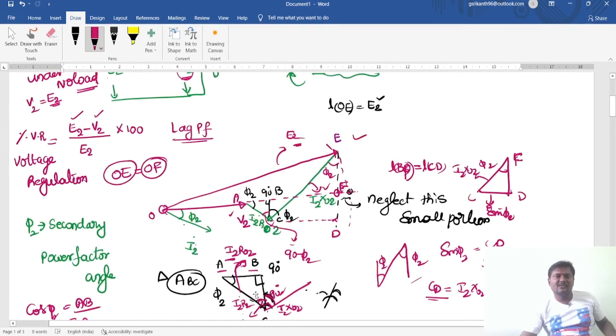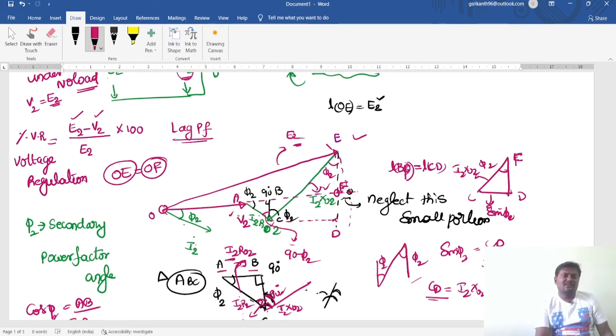Once again listen, this phasor diagram is very very important. I am taking the reference as OA line, that is V2. With respect to V2, I2 is lagging for a lagging power factor of the load, and I2 R02 component is parallel to I2. I2 X02 component is perpendicular to I2 R02, and I add this one, then I am getting the E2 value.